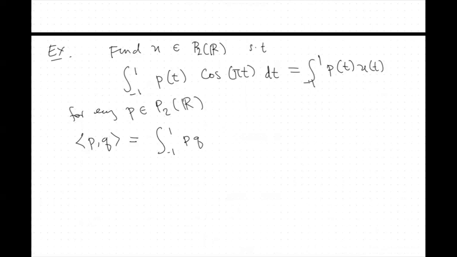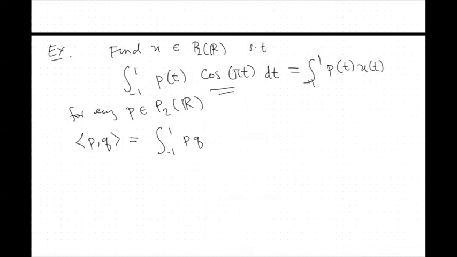Note that the left side of the equation does not equal the inner product in P_2 with the function t mapped to cos pi t, because this function is not a polynomial. Okay, this function is not a polynomial.